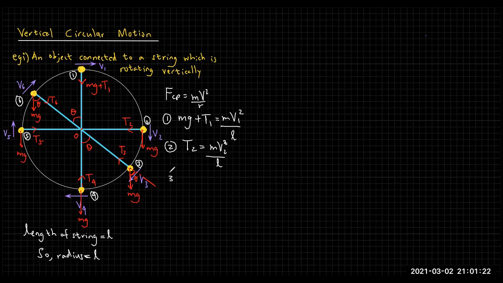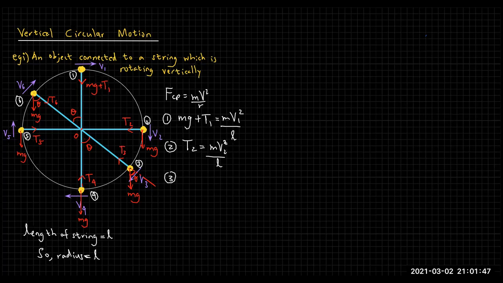Right. So can you help me with the third one? What should be the centripetal force? I think we discussed about this in the middle as well. What will be the centripetal force for this point, people? Yeah, good.